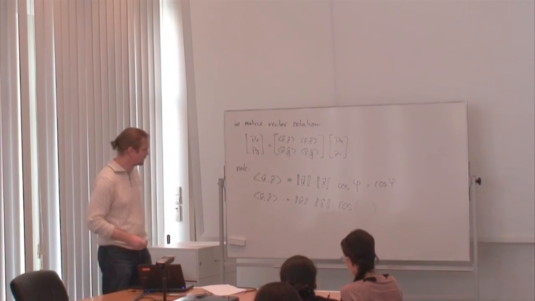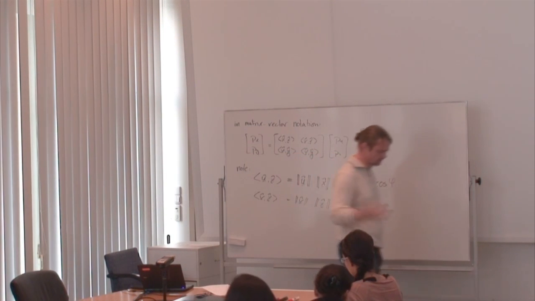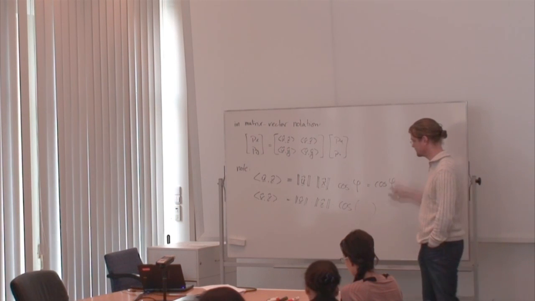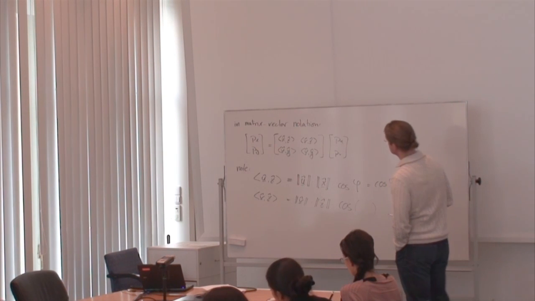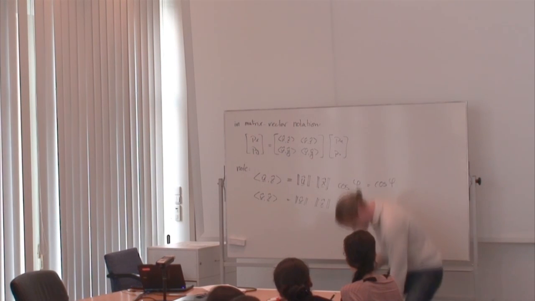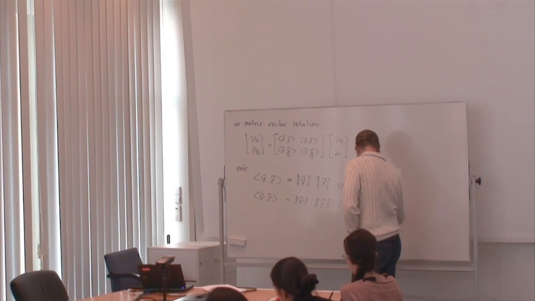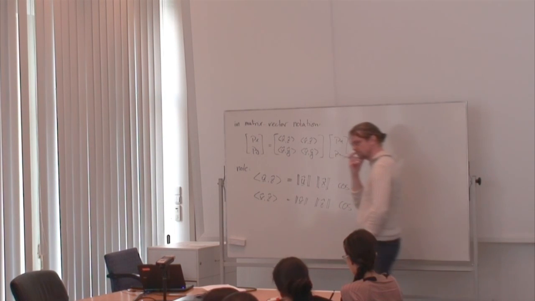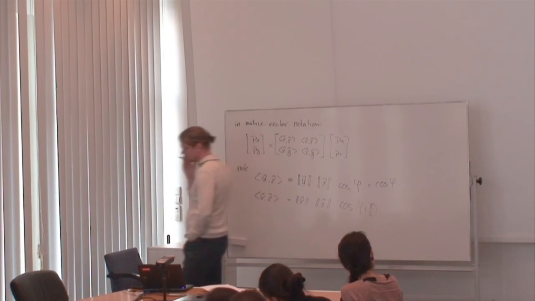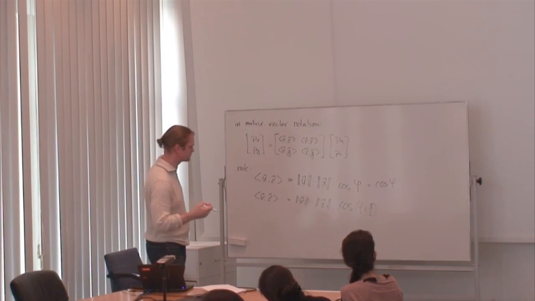If you look at the figure you probably took a sketch of, on the projection, the angle between these two vectors is actually phi plus 90 degrees, which I will write fancily as pi over 2. Pi over 2 is the same as 90 degrees.